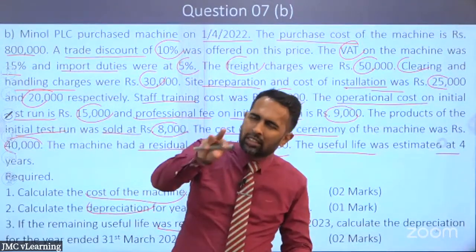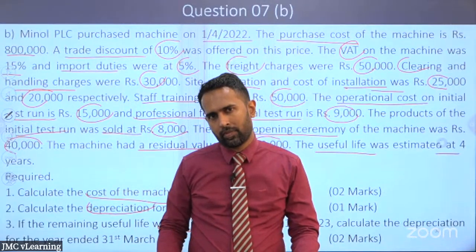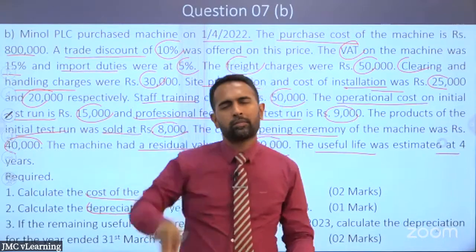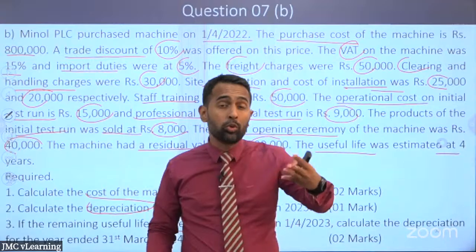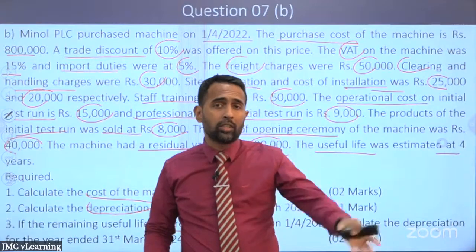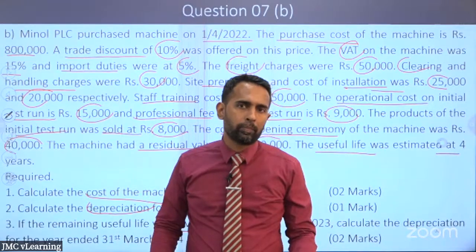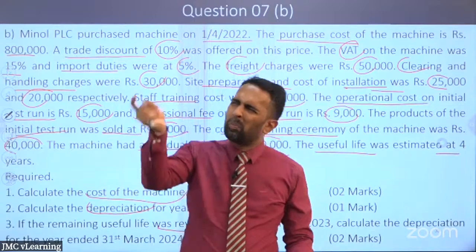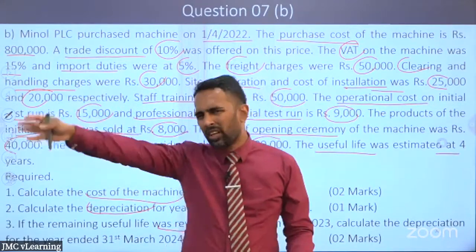Operational cost of a test run is charged to profit or loss. If there's sales income from the initial test run, you cannot deduct that from the asset. Earlier we used to do that. Can you remember? Test run cost minus the sales income that we added to the asset. No. Now under the recent change, the initial test run operational cost and sales income go to the P&L.